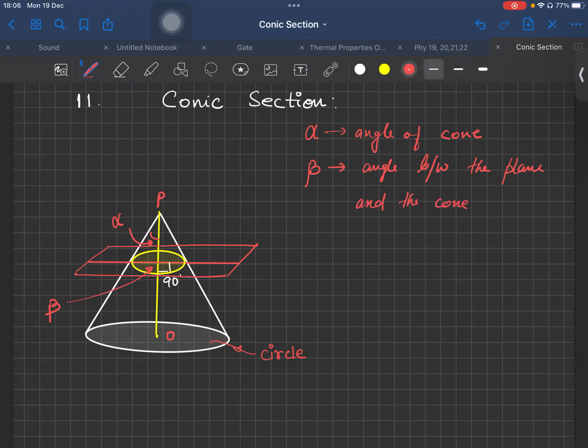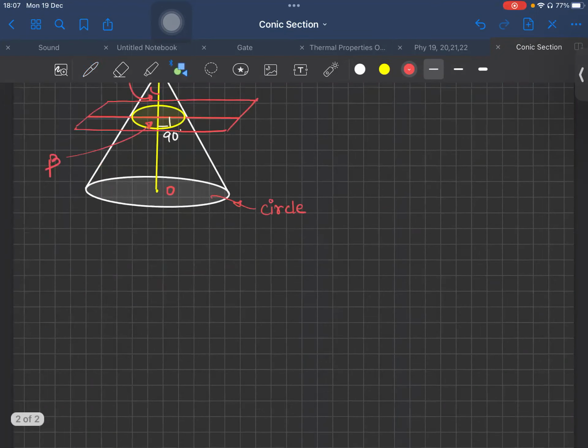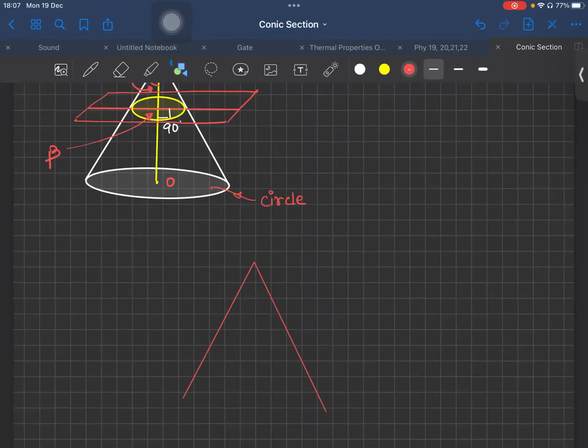Now this is one way to cut this, right? Suppose I take the same cone, a bit bigger. Sorry. Hopefully you are able to understand.